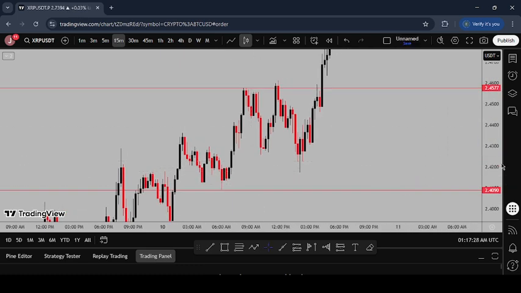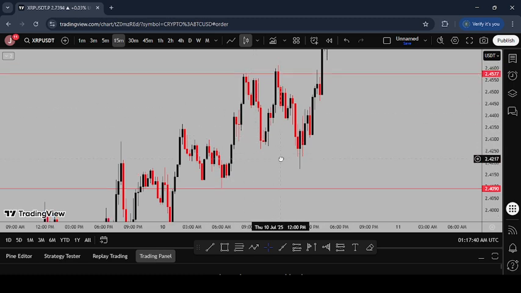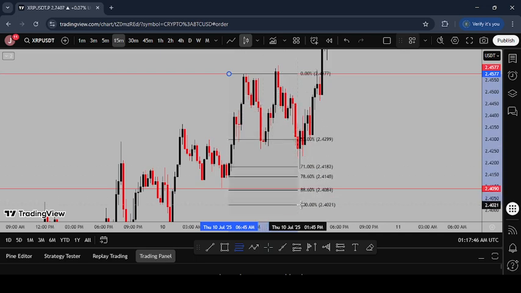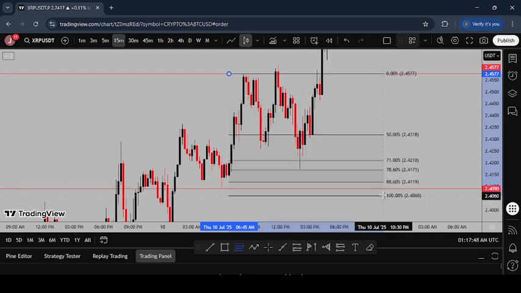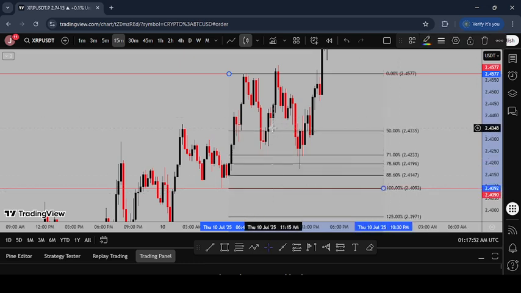So what's the first thing I told you based on structure? If the market's coming down, you want to buy, but let's say you don't know where you want to buy from. The first thing to do is use your Fibonacci retracement tool. When you put the swing from the swing high to the swing low, you will get a 50% region, the 50% discount region.